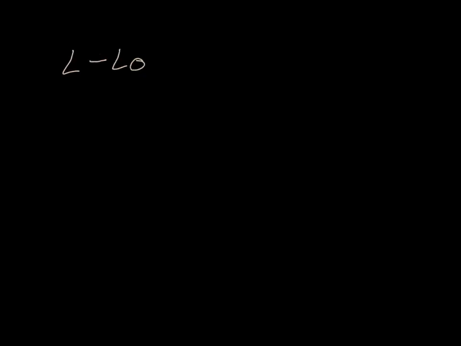Let me just rewrite the equation again. Oh my bad, that's a bad alpha, but let me just fix that up. So alpha L naught. Okay, we want the final length, so we could just take the initial to the other side.